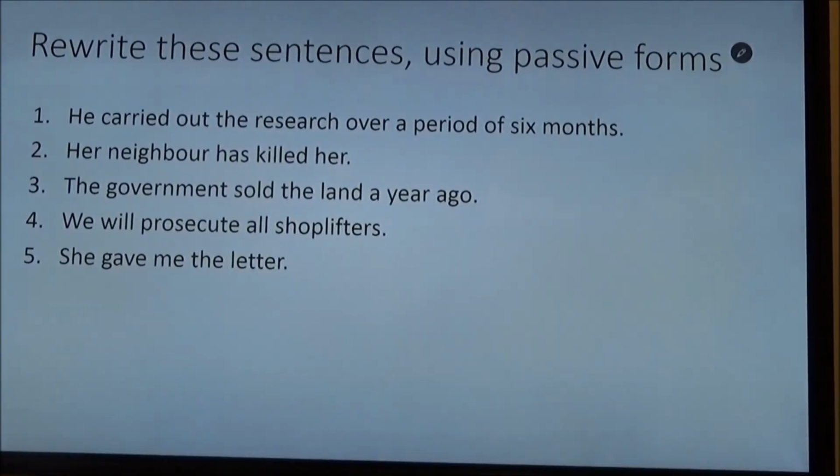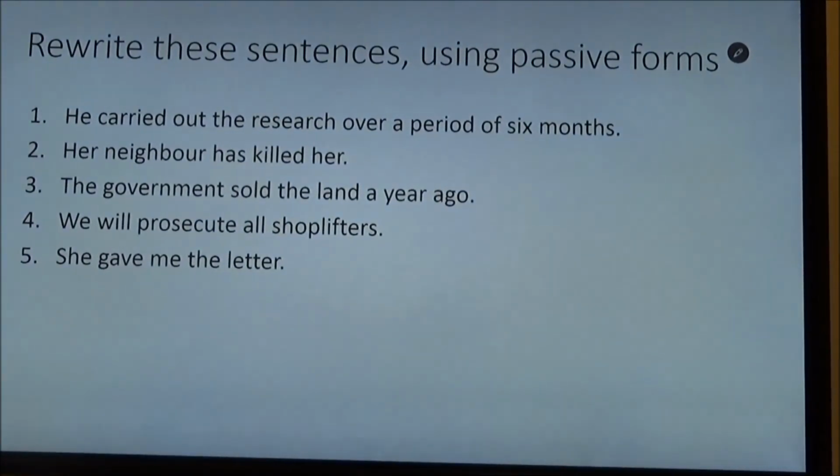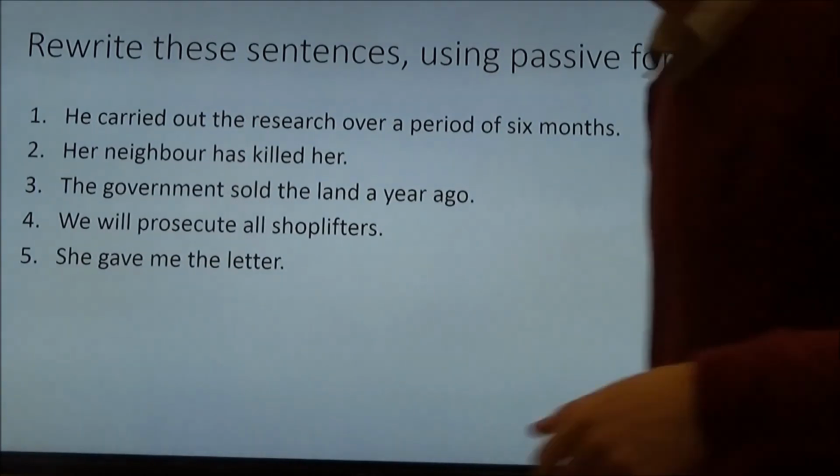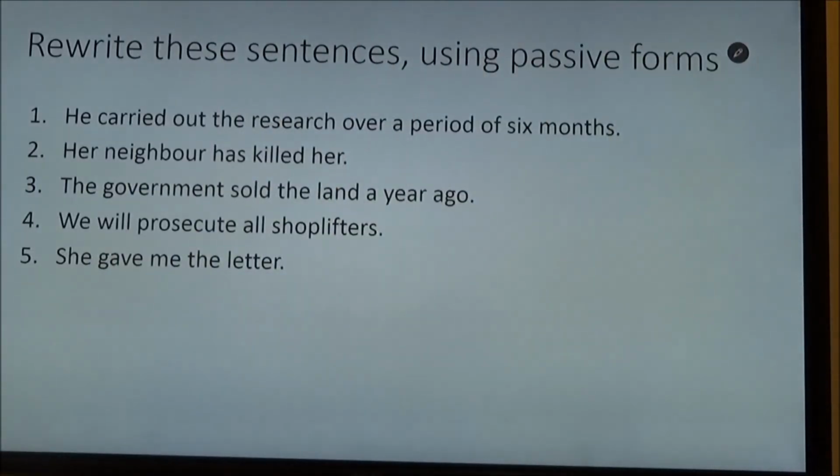He carried out the research over a period of 6 months. Can you tell me what your answer is to the first one? The research was carried out.